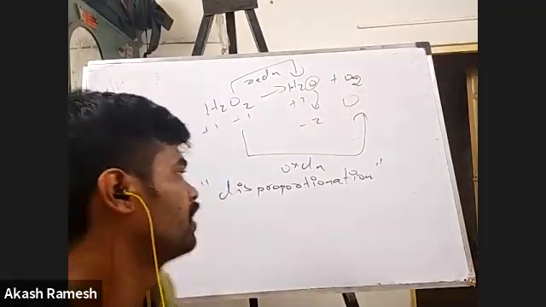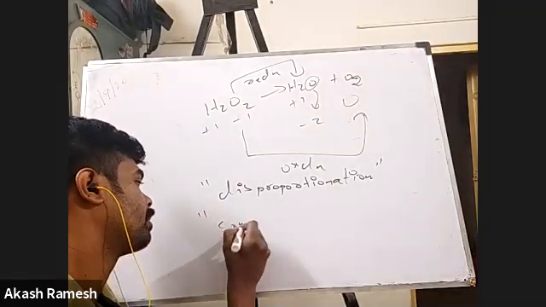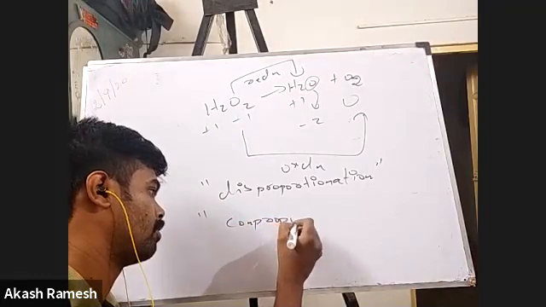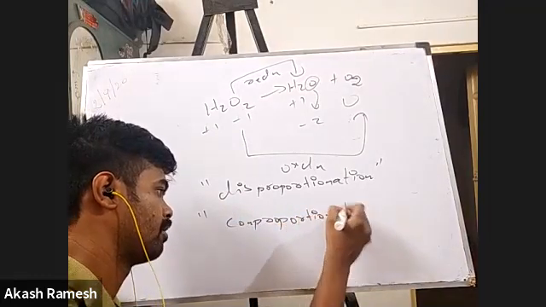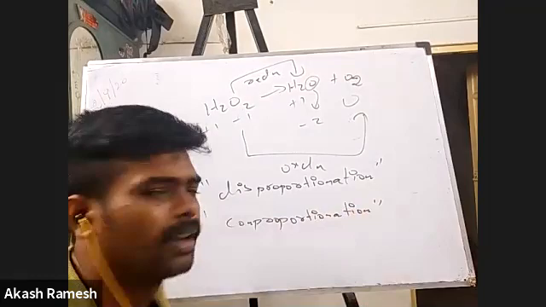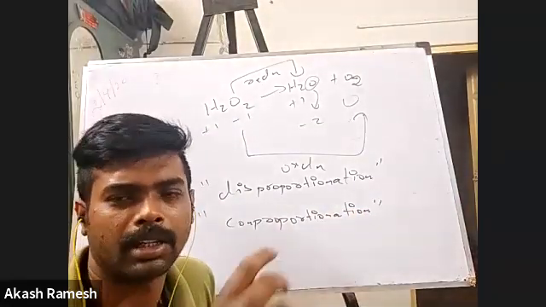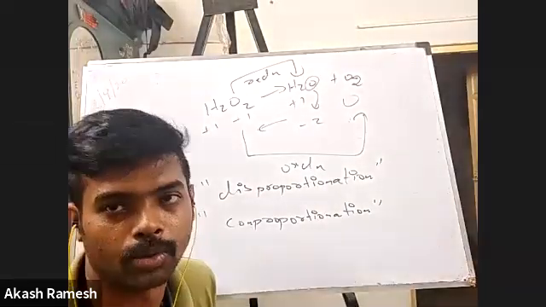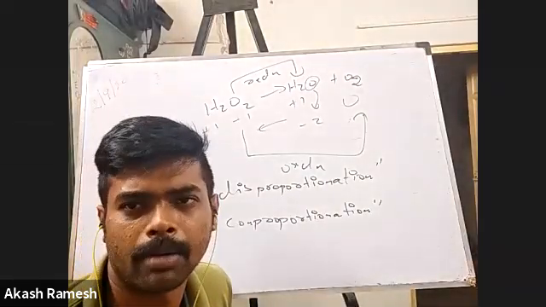And one more thing is we have something called conproportionation reactions also. Conproportionation, right? Which is nothing but the exact opposite. If I just take the reverse reaction of this, H2O plus O2 giving H2O2, that is my conproportionation.